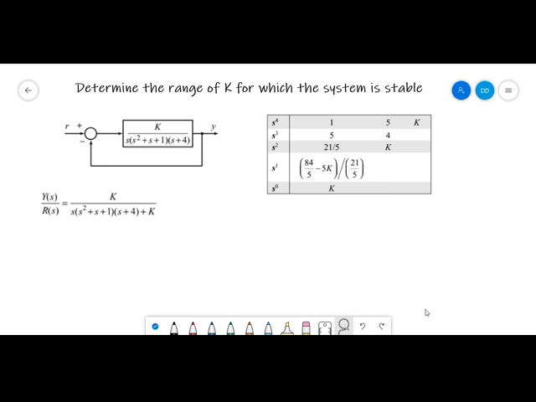So we have Y(s) by R(s) equal to K by s into (s squared plus s plus 1) into (s plus 4) plus K. Here the feedback gain is 1.